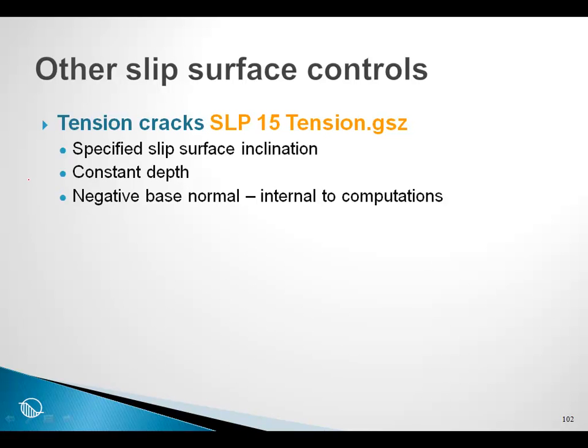There are several other means of controlling the shape of the trial slip surfaces. One of them is to specify and incorporate tension cracks into the analysis. There are several different ways of defining a tension crack. We list 3 of them here.